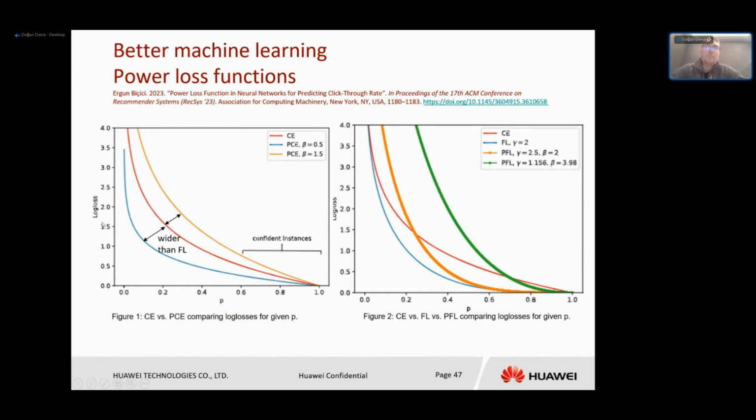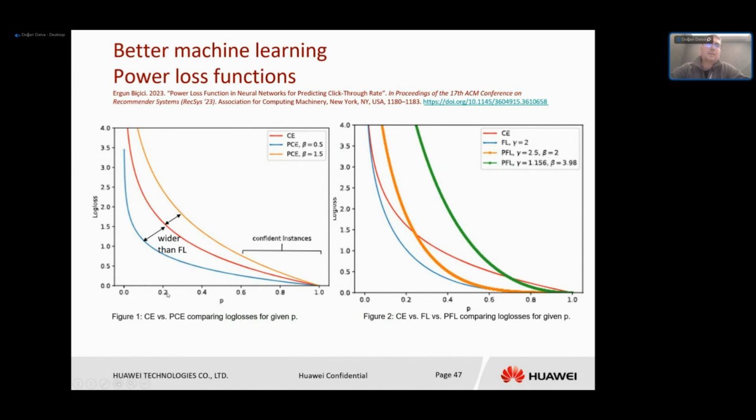The cross entropy is the red line, and the PCE can have smaller values for confident instances when beta is 0.5, and that somewhat achieves what we want, because we achieve a smaller loss for confident instances. But at the same time we want a larger cost for noisy or error-prone instances, for instances with p less than 0.2, for instance.